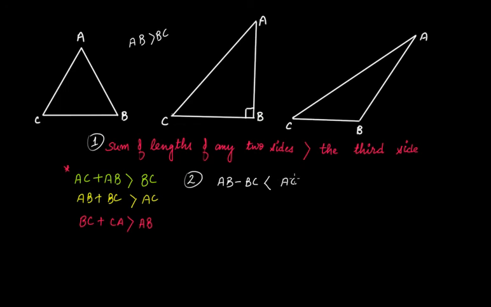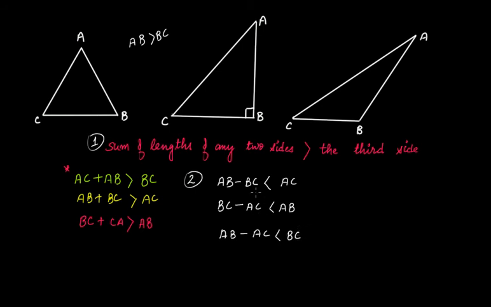So AB minus BC is less than AC. Then you can take another two sides, that is BC minus AC will be less than AB. Same thing, if you subtract AB from AC, then it will be less than BC.